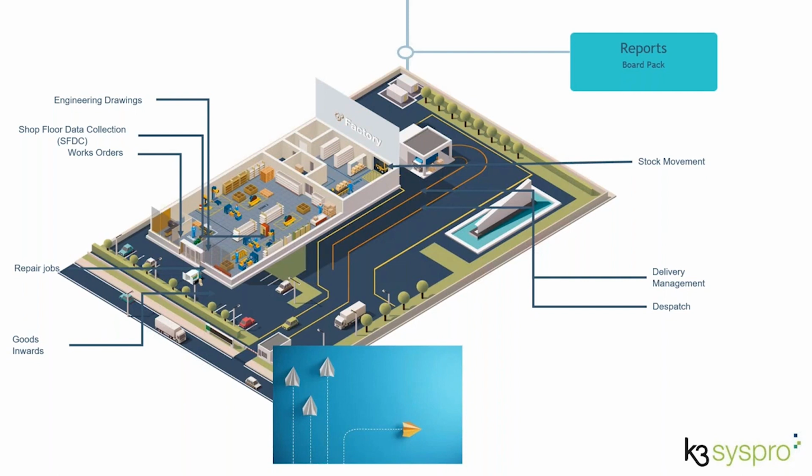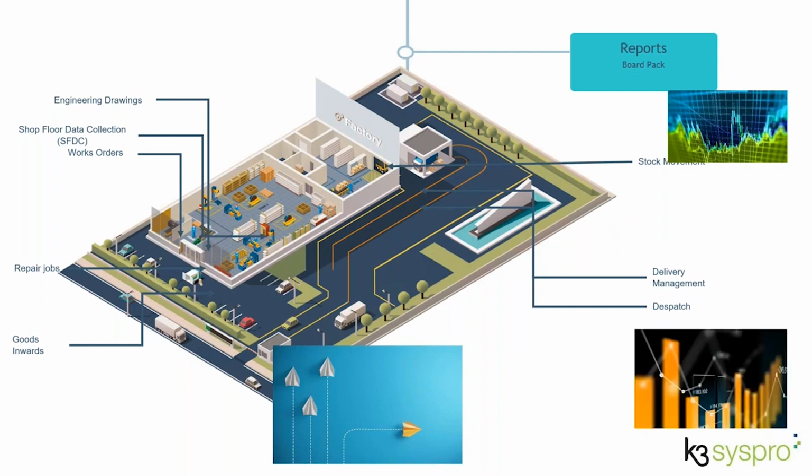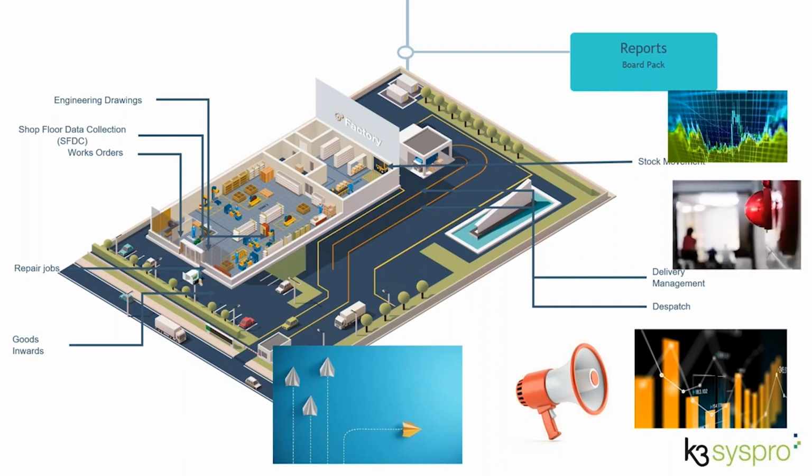However, there is still that piece of paper that's going to tell someone what they need to do at what point in time. We're going to have some reports, some trend analysis coming through. We may have alerts or announcements that come through as part of what's happening in the business, and that ERP information needs to get bubbled up. And that's where we need to trigger for someone to do something with it.